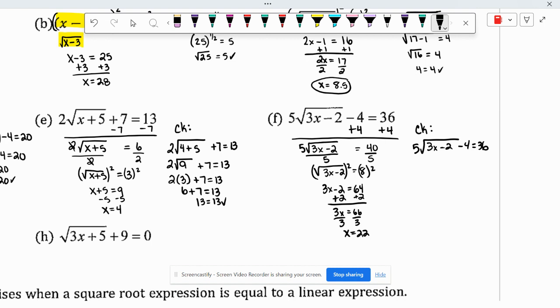Do that first. Then you do it. You have to square it first. Square it to get rid of it. Perfect. We ready to see it?